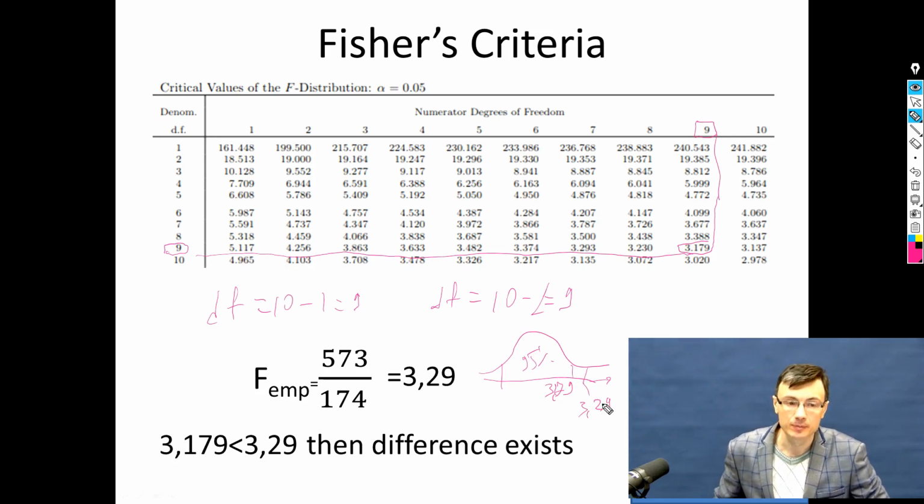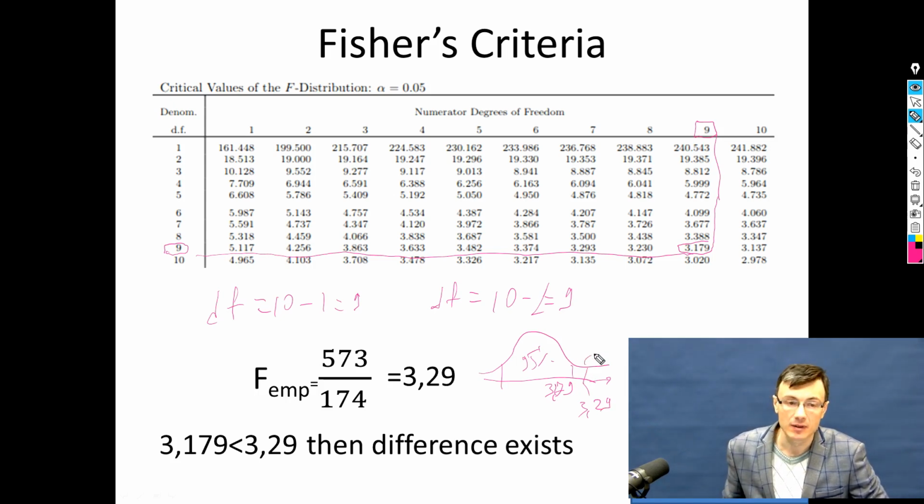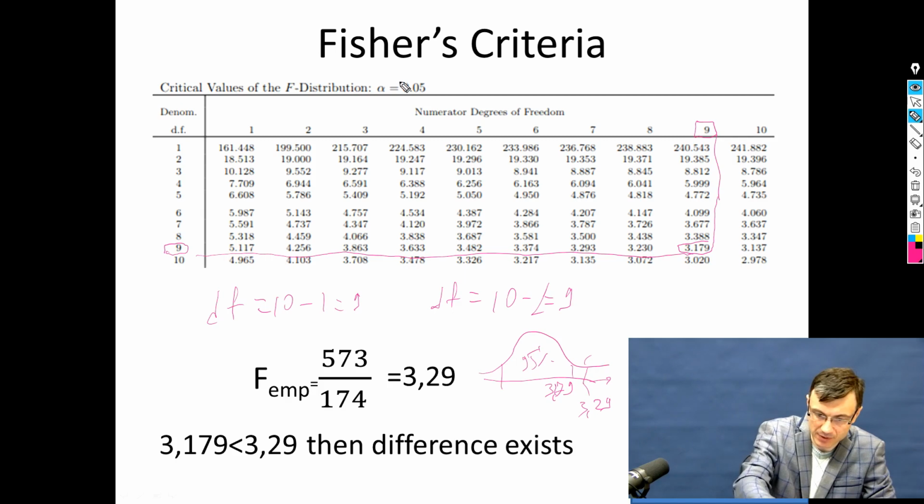So we reject our hypothesis that there is no difference between the two samples, and we conclude that there are differences between them. A difference exists by Fisher's criterion at this level of significance.